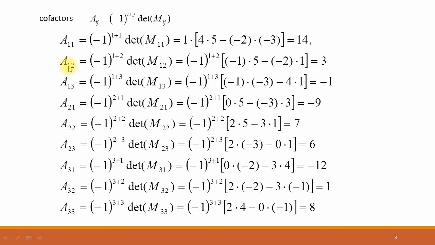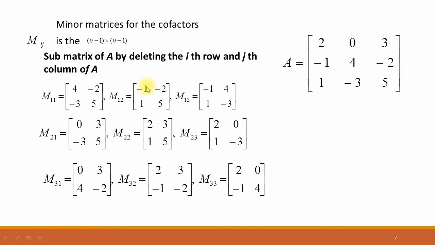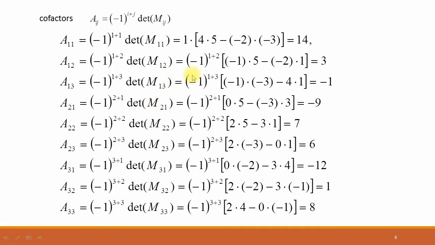Similarly, the cofactor A12 means minus 1 to the power 1 plus 2 and the determinant of M12. The determinant of M12 is minus 1 multiplied by 5 minus minus 2 multiplied by 1, and after simplification the cofactor A12 is equal to 3.